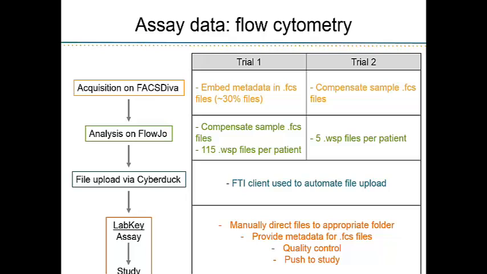And we ended up compensating the sample FCS files within FlowJo, and that creates about 115 workspace files per patient across all the panels, which is a lot of files to put into something and then organize.